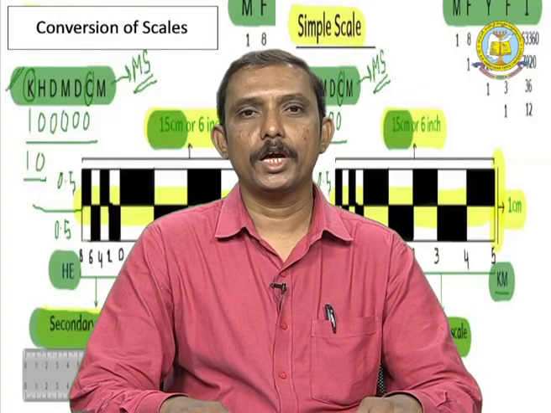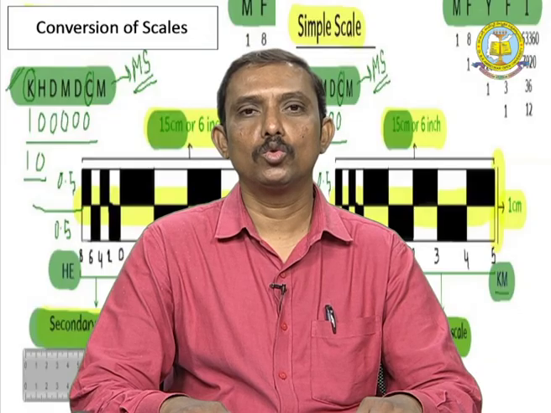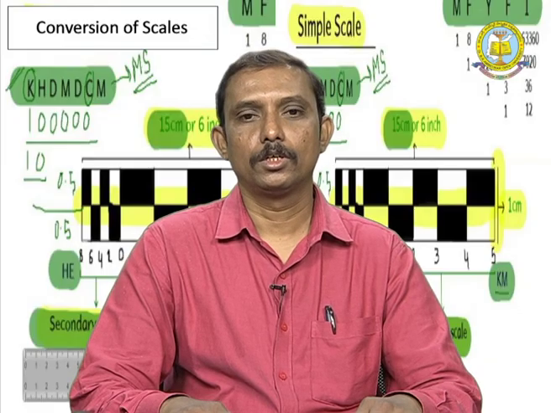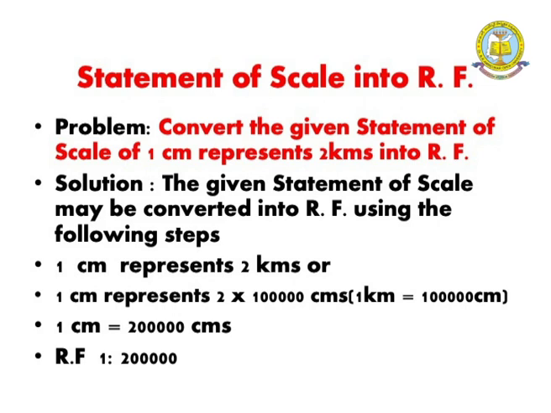For that, you can write 1 centimeter is equal to 2 kilometers first, then convert these 2 kilometers into centimeters. We know that 1 kilometer is equal to 1 lakh centimeters.